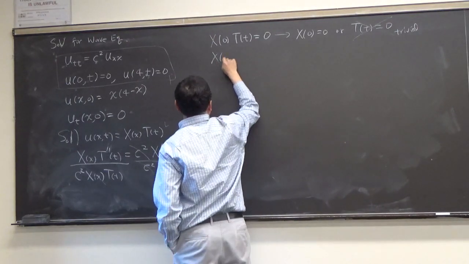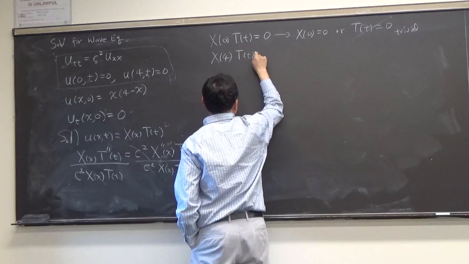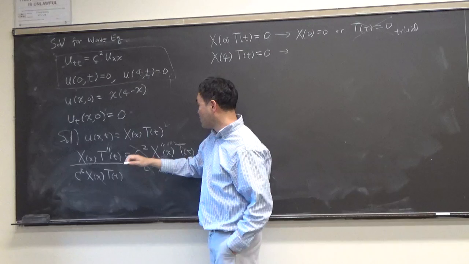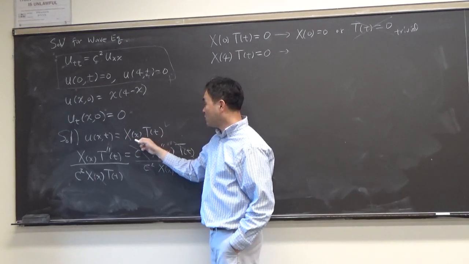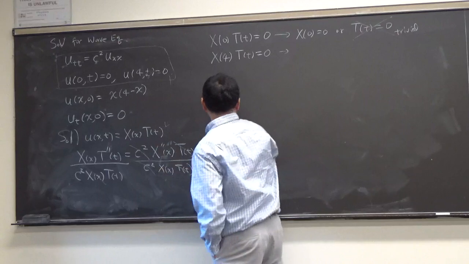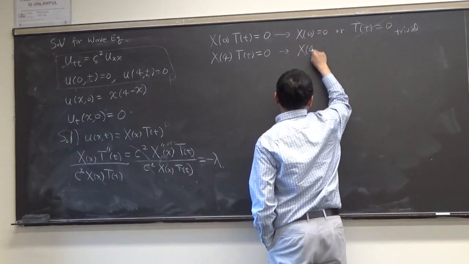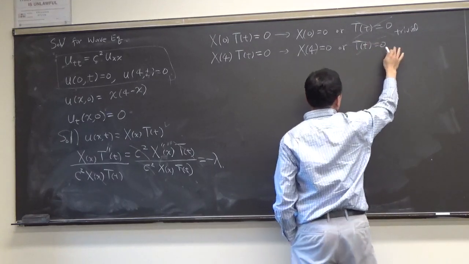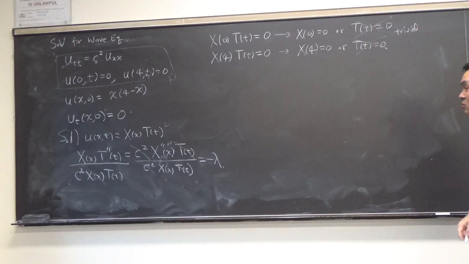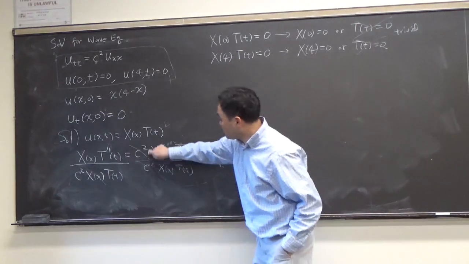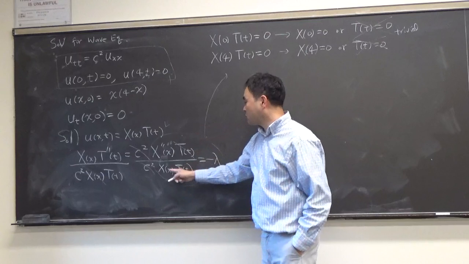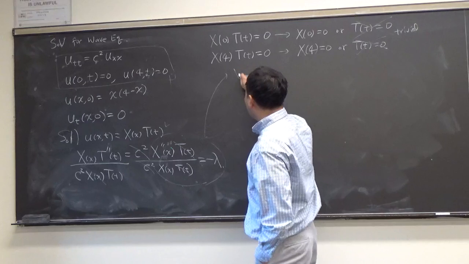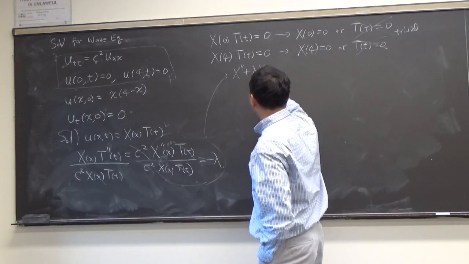In the same way, X(4) T(t) has to equal 0 for the right boundary condition, so either X(4) is 0 or T(t) is 0, but again this is no good because these yield trivial solutions. Then we rewrite by multiplying X on both sides and moving negative lambda X to this side, and you get X double prime plus lambda X equals 0.